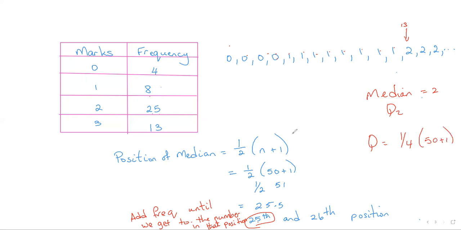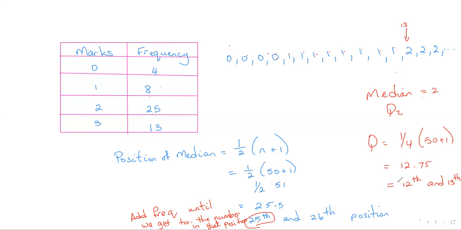So that was a quarter of 51, which is 12.75. So it's going to be the number between the 12th position and the 13th position.